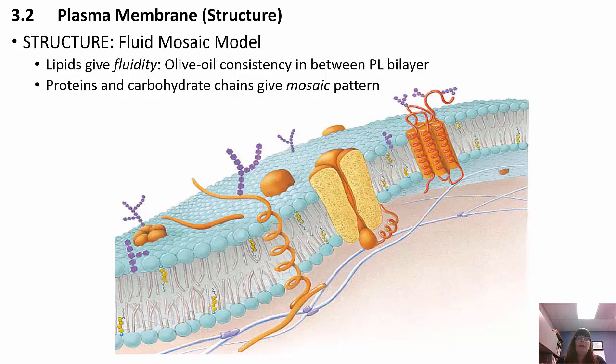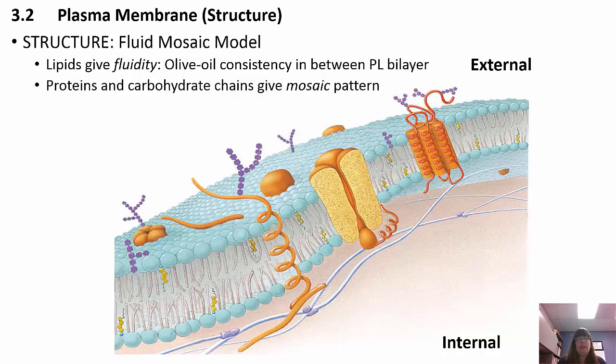The yellowish little things between the phospholipids, that is cholesterol. And then you have some proteins, which you can see are the large orangish things, and the purpley things are carbohydrate side chains, which we'll talk about later on. So all of these patchworks are what give it the mosaic pattern that it is known for.